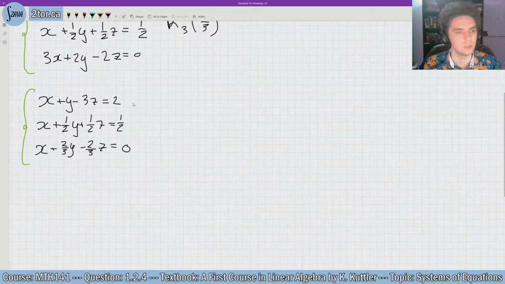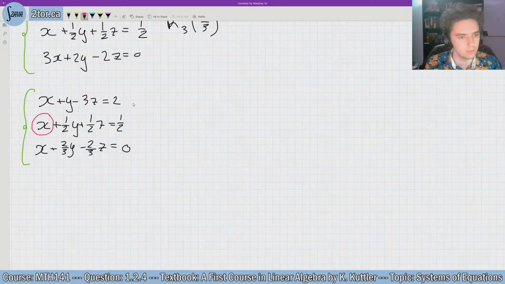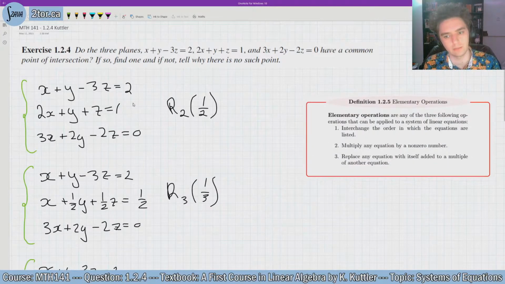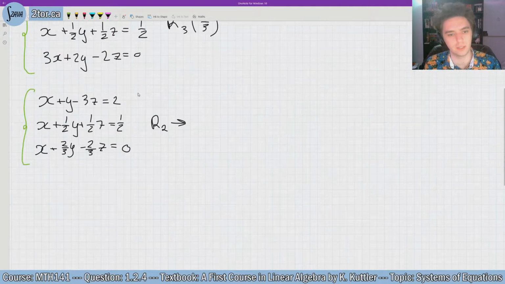Okay, so now we've gotten our x terms how we want them. So I'm going to start by removing this x term, and then I'm going to remove this x term. To do that, I want to replace row 2 with something. I'm going to take row 2 and replace it, and remember I'm allowed to do that because of this type 3: replace any equation with itself added to a multiple of another equation.